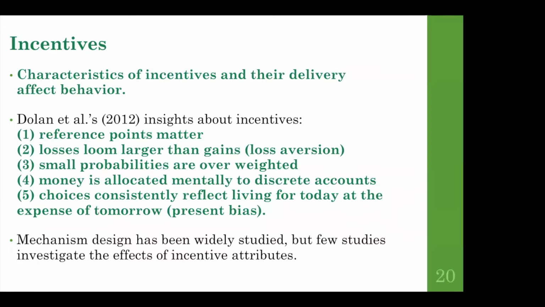That reference points matter. That we have loss aversion. Most of us are more loss averse. We can overweight small probabilities of events, and we often kind of allocate money into these mental accounts that we keep track of. Right? And so maybe if we were going to move away from the voluntary program arena, we could start thinking about how we could use insights about loss aversion, right?